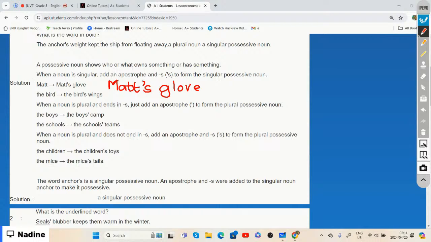So when a noun is plural and the noun ends in s, for example, boys or schools, then all we do is add an apostrophe at the end of that word to form the possessive noun. So we don't say an apostrophe and s, we're just going to add the apostrophe because the word already ends with an s.